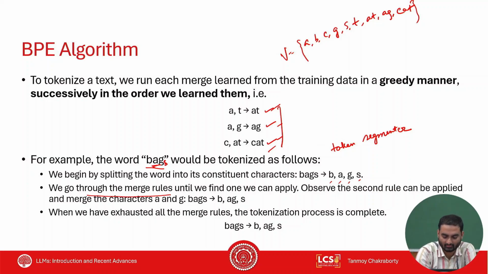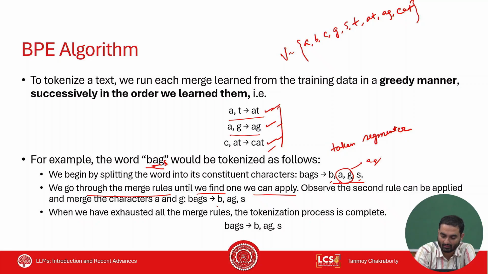Okay, so we go through the merge rules until we find one that we can apply. For example, if I apply A comma T derives AT, it is not there, right? If I apply A comma G derives AG, this can be applied here. So A comma G will now be replaced by AG.